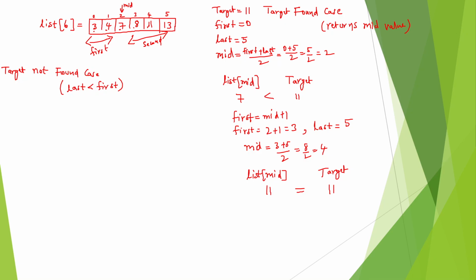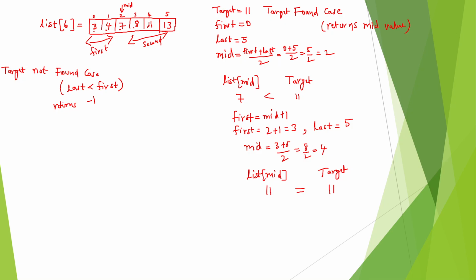Here we took last and first, and there is a condition that first should always be lesser than the last in your algorithm. So whenever that condition fails, whenever last becomes lesser than first, ultimately your algorithm will end with -1. In this case it returns -1.